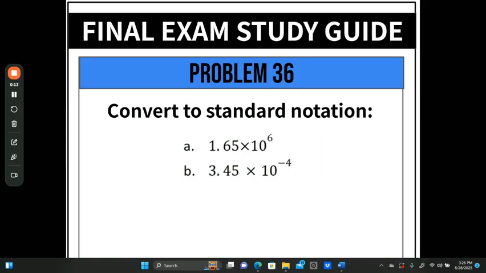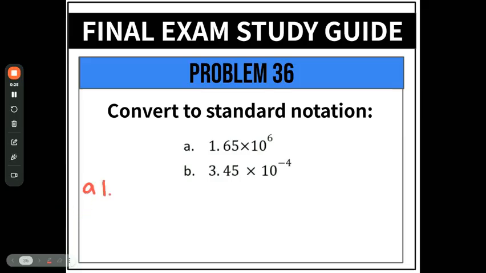All right, so we're going to convert these numbers that are in scientific notation to standard notation. So let's start with A. I have 1.65, and it tells me how many times I'm going to move my decimal. And because the exponent is positive, I know that my decimal is going to be moving to the right because my number is going to be getting bigger. So it's going to move 6 times.